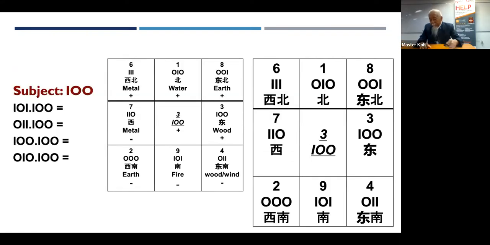Okay, now we come back to the subject. For example, 100. We use 100 as an example, the same thing that we apply. Now I give you an extra magic square and plot it down there.